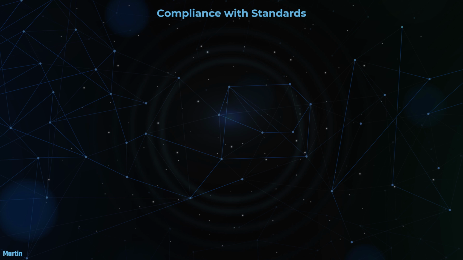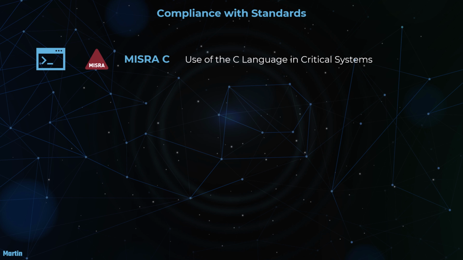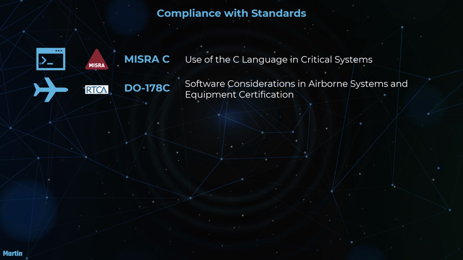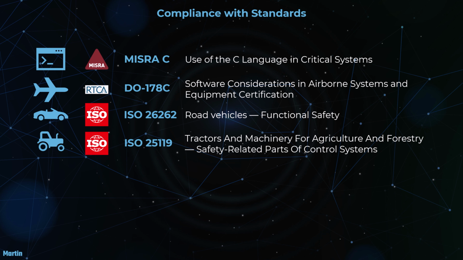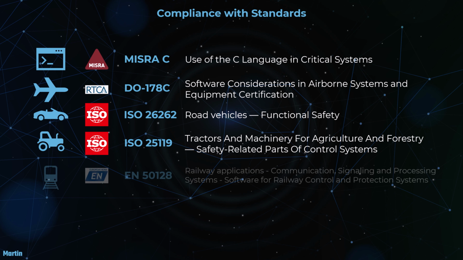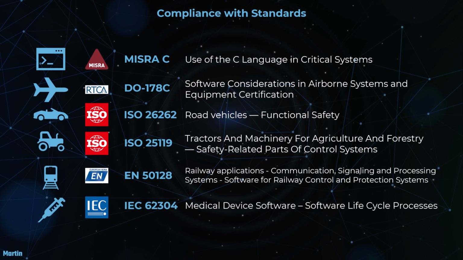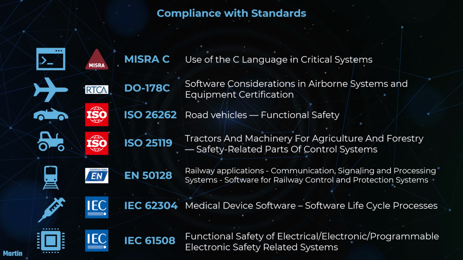Simulink offers industry-recognized checks and metrics to identify violations of modeling standards and guidelines as you design. It supports various high-integrity software development standards, including MISRA-C for C language in critical systems, DO-178C for aerospace, ISO 26262 for automotive, ISO 25119 for heavy machinery, EN 50128 for railway systems, EN 62304 for medical devices, IEC 61508 for electrical and electronic systems.